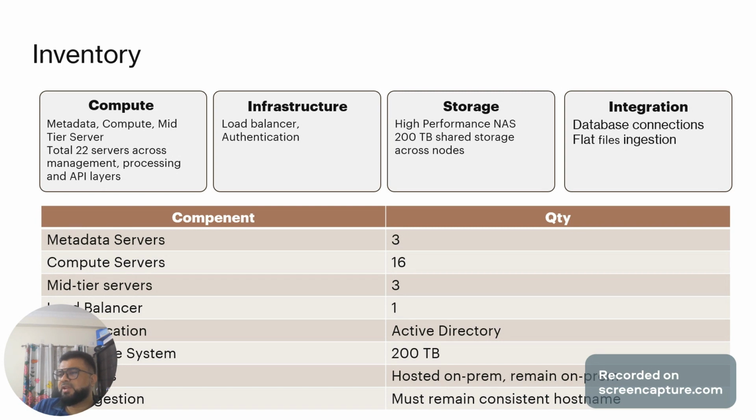So it is a strict requirement that we must preserve the consistent hostname for the DR environment to function seamlessly. And a final critical point about the file ingestion is that third-party systems send us data and they have done IP whitelisting. This means our AWS DR endpoint will need to present a static public IP that can be whitelisted by our partners to ensure that data flow does not stop during a failover.